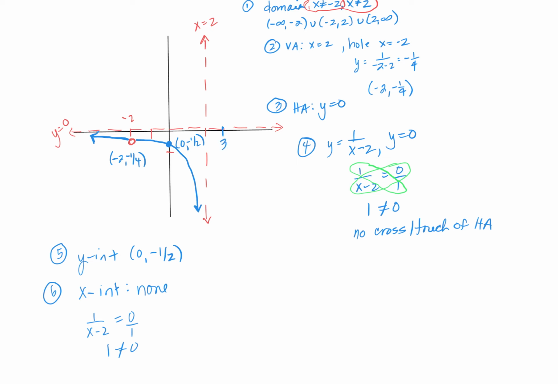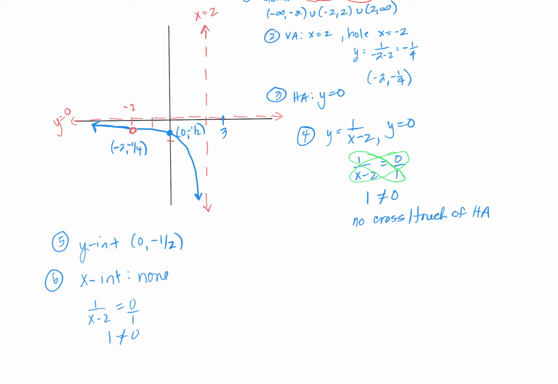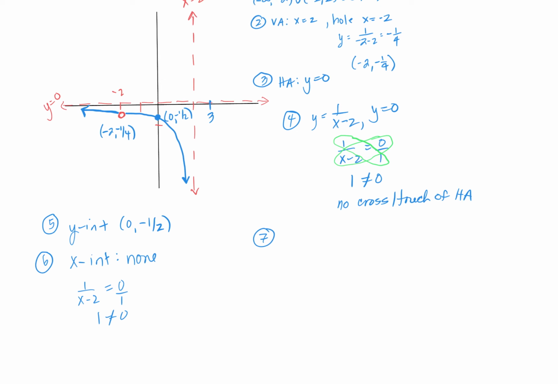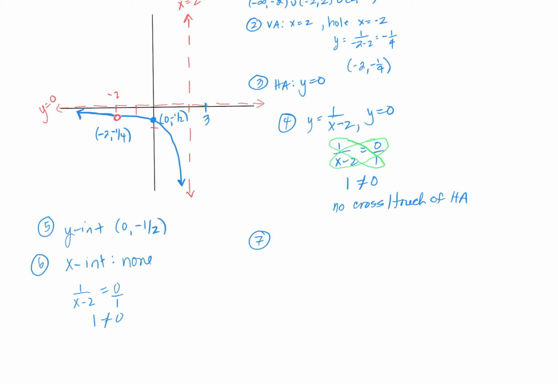Should I use 3 or 4? I need another point on the other side of the vertical asymptote, x is equal to 2. So that would be number 7, additional points. Because I don't know if the graph is going to be above the horizontal asymptote y is equal to 0 or below. If I put in 3 for x, I get a y value equal to 1 over 3 minus 2, that would be 1.